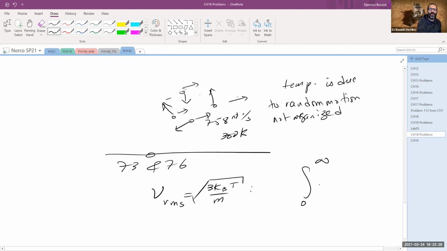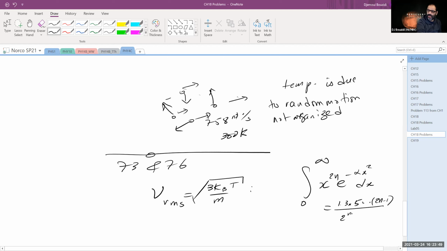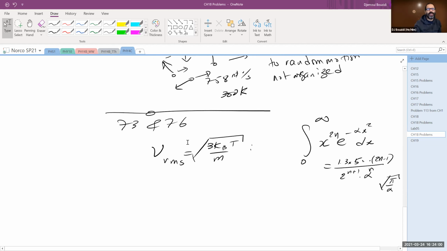The integral tables tell you that if you ever encounter this integral, x to the power 2n, exponential of negative alpha x squared dx, this value is given by 1 times 3 times 5, and so on and so forth, until you reach 2n minus 1. At that point, you stop. You divide that by 2 to the power n plus 1, and you multiply that by alpha to the power n, and then at the end, you multiply it by the square root of pi over alpha. So they tell you, basically prove this expression.